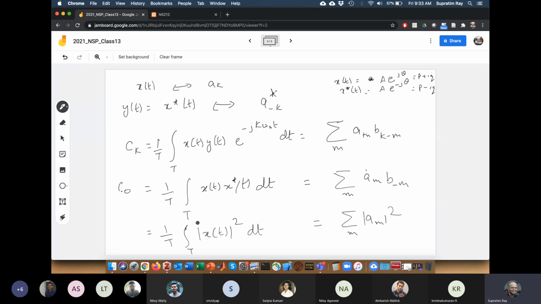Okay, so the integral of the signal after taking the mod and squaring it and integrating over one period is the same as looking at the modulus square of all the coefficients and summing it up.